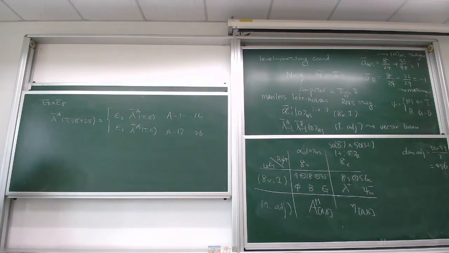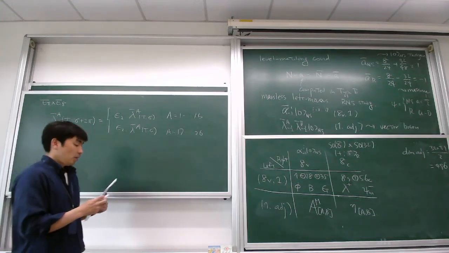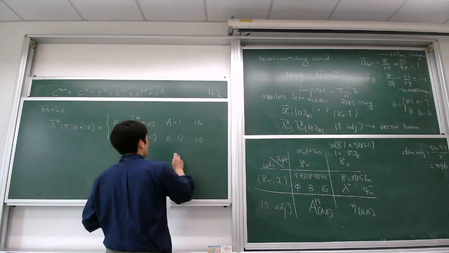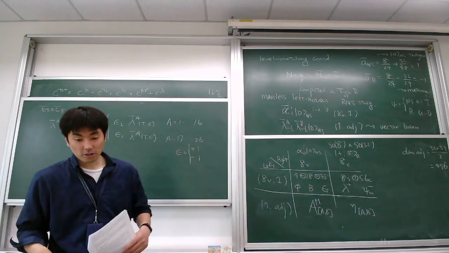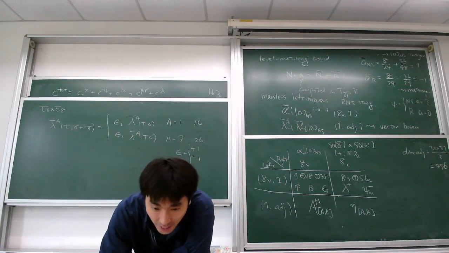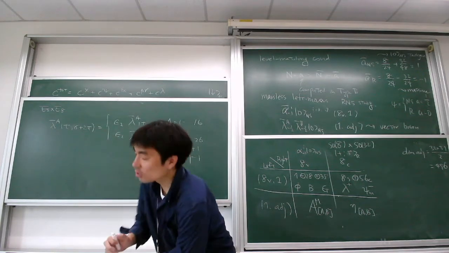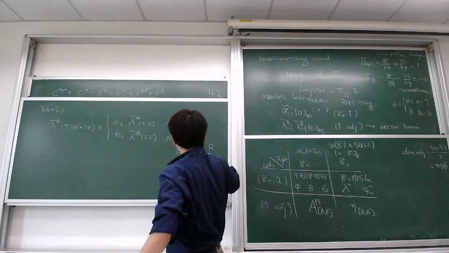So we split in two groups, and then epsilon has to be plus 1 or minus 1. I already forgot which one is the correct condition. This is Ramond, and this is Neveu-Schwarz.